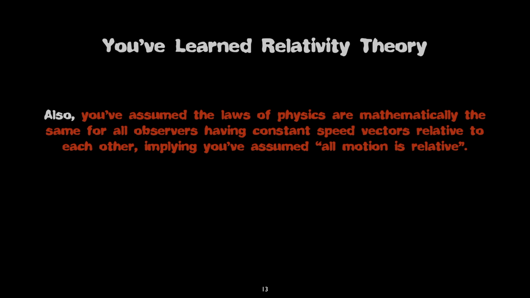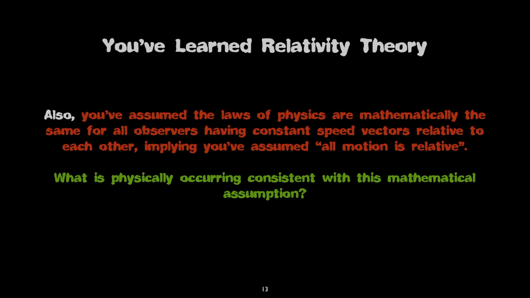Also, you've assumed the laws of physics are mathematically the same for all observers having constant speed vectors relative to each other, implying you've assumed all motion is relative. What is physically occurring consistent with this mathematical assumption? Oh, you did not learn that.